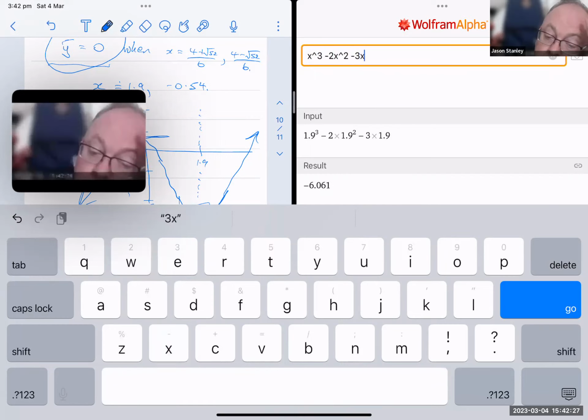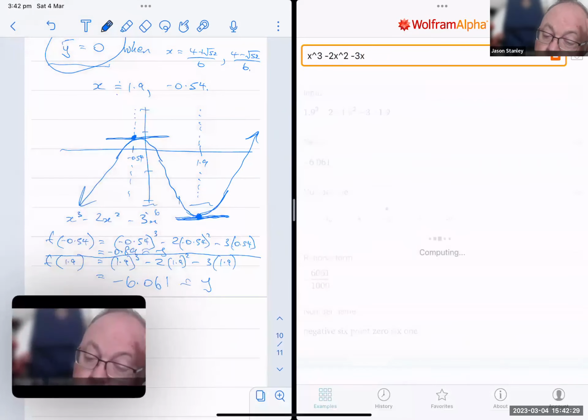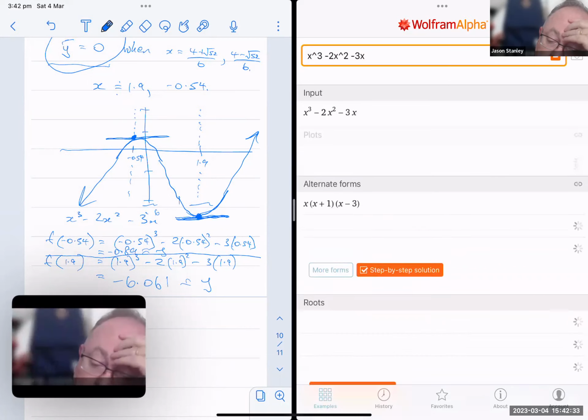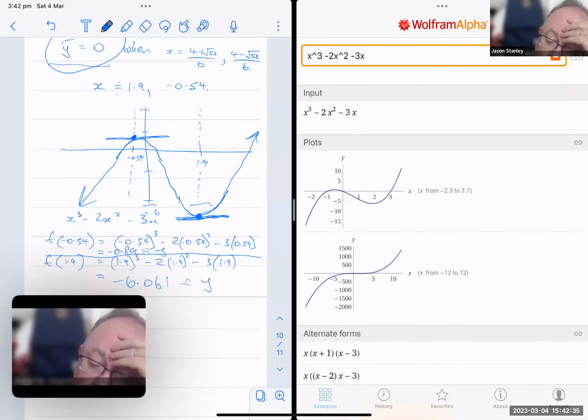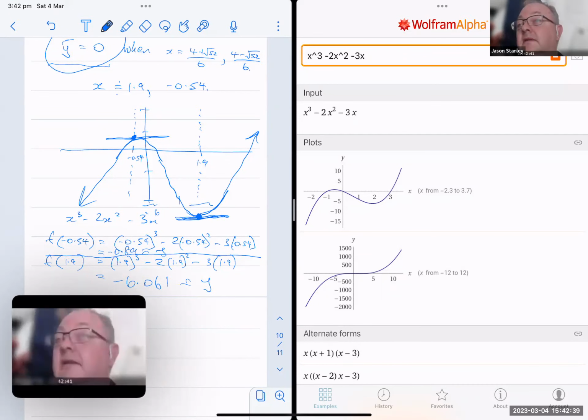Is that right? Yep. Oh, look at that. We're as good as Mathematica.